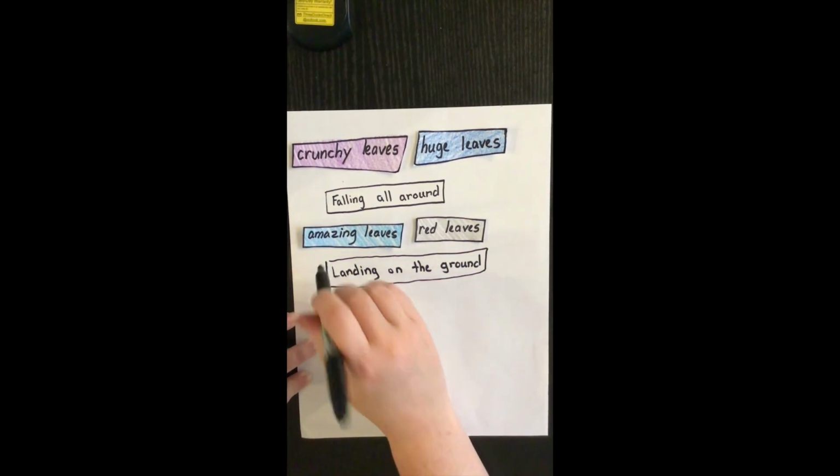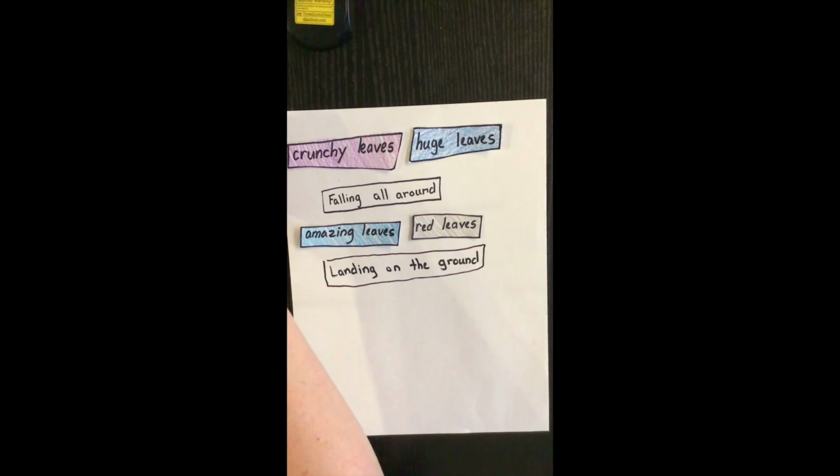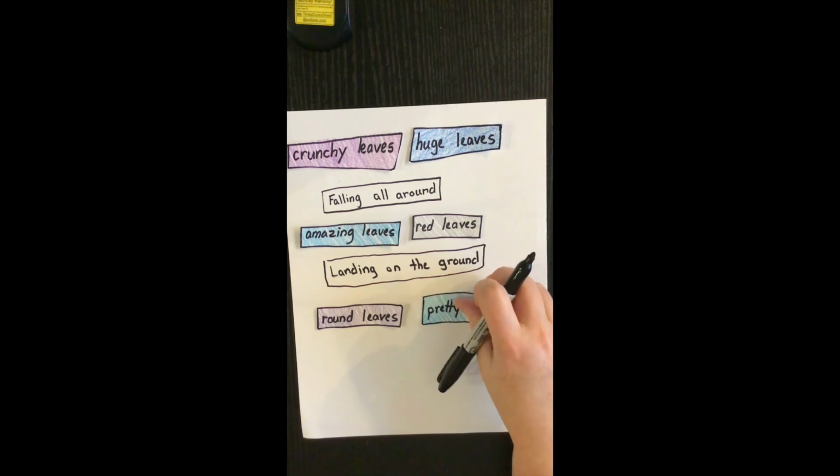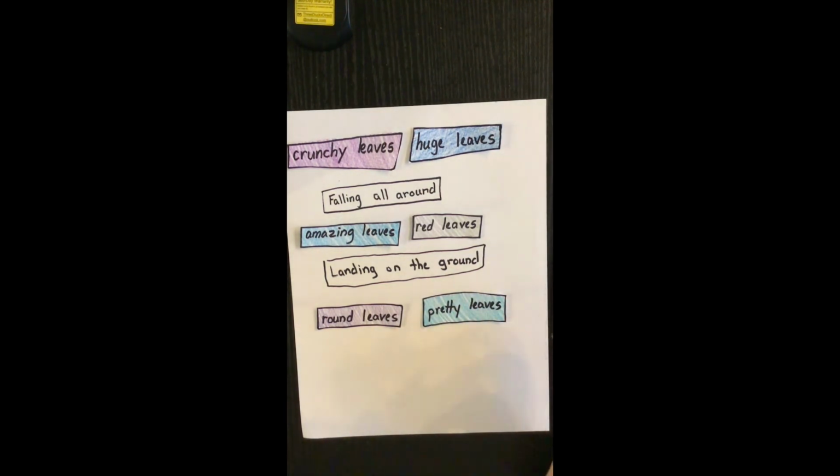Okay, and then I have round leaves, pretty leaves. Gosh, what else could I add now? Around, ground. I could do something about sound, not making a sound, or found. We looked for these leaves.